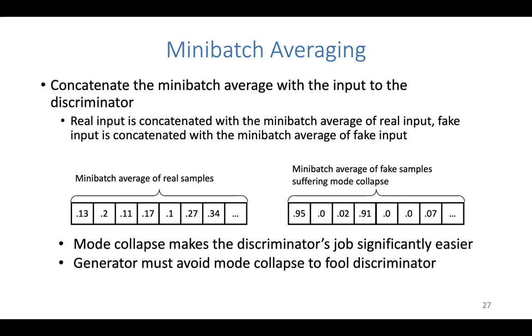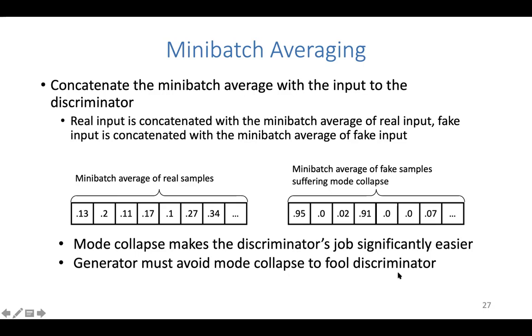By providing this mini-batch averaging to the discriminator, it is making the job of the generator a lot harder than before, because in order for the generator to generate samples to pass the discriminator, it must not fall into mode collapse. As seen here, the generator must avoid mode collapse to fool the discriminator.